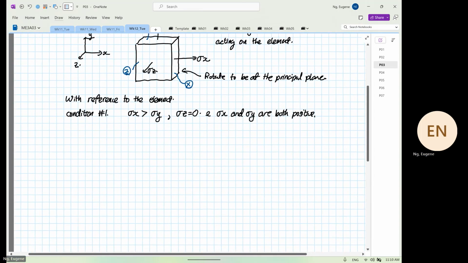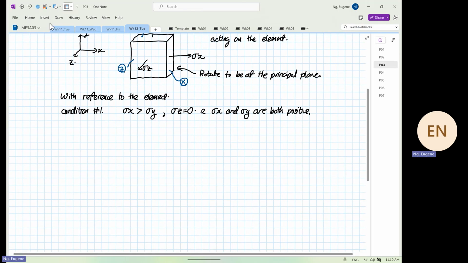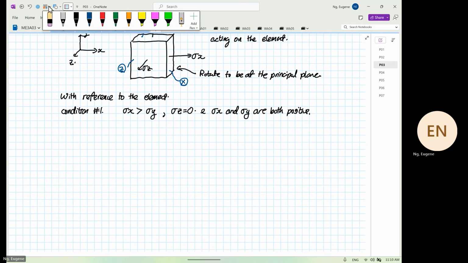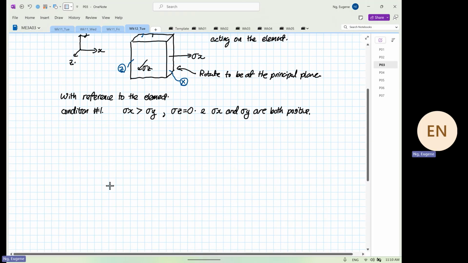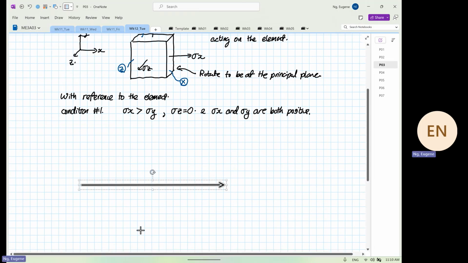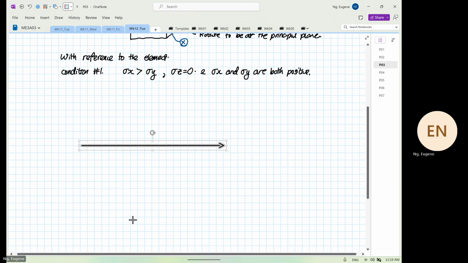Now we start sketching Mohr's circle for condition number one. We will have our normal stress, and then we have our shearing stress, clockwise, anti-clockwise.